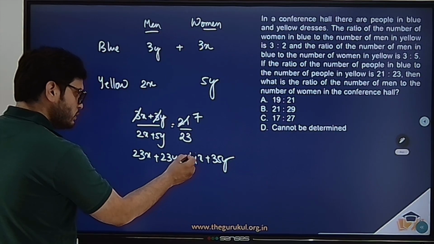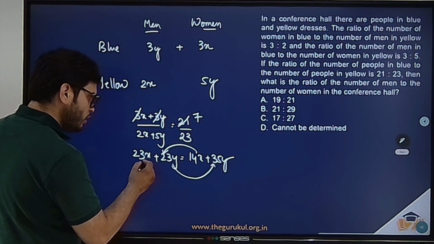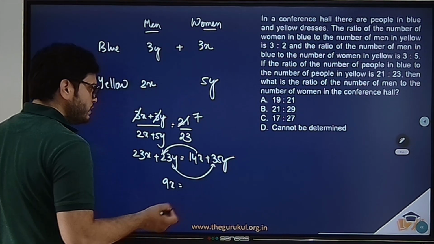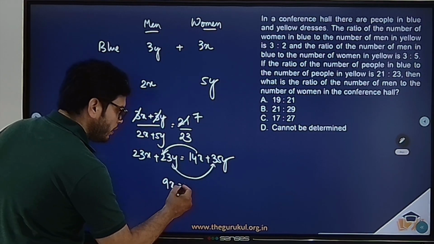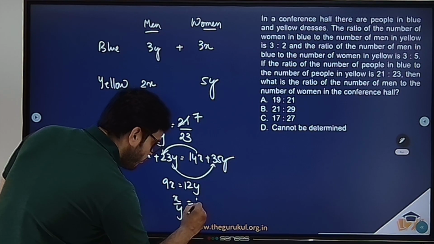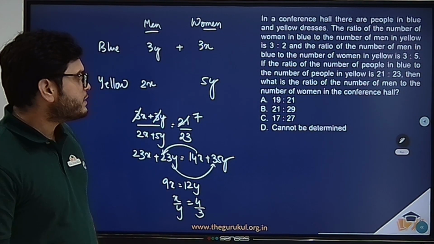Or sending 14x to the left hand side and 23y to the right hand side, 23 minus 14, 9x is equal to 35 minus 23, 12y, or x by y is equal to 4 by 3. Okay, now we have the ratio of x and y.